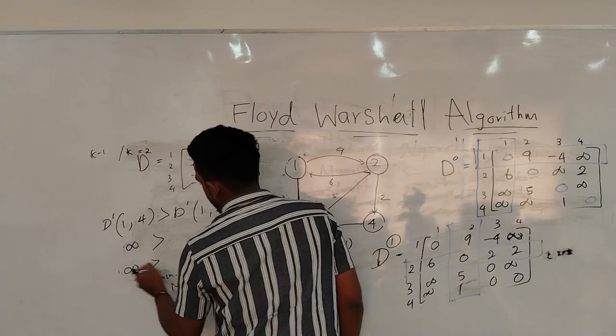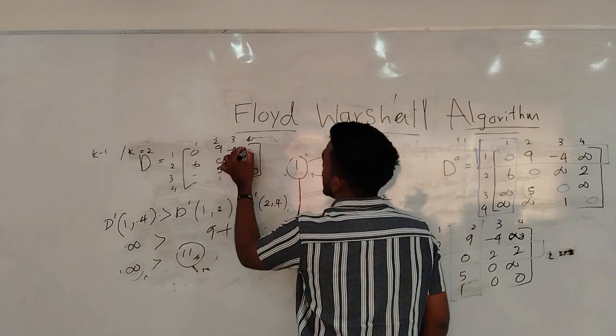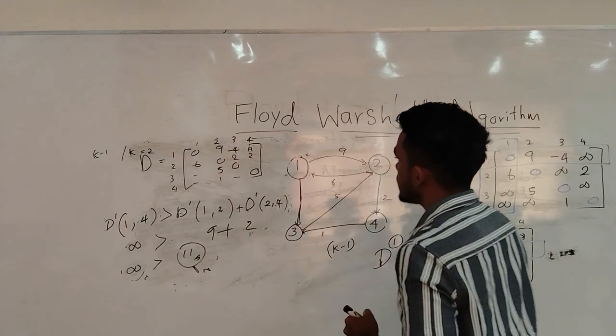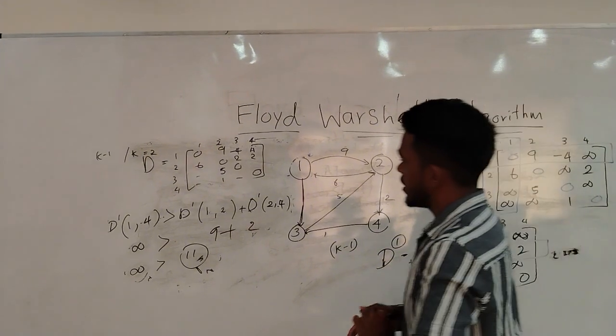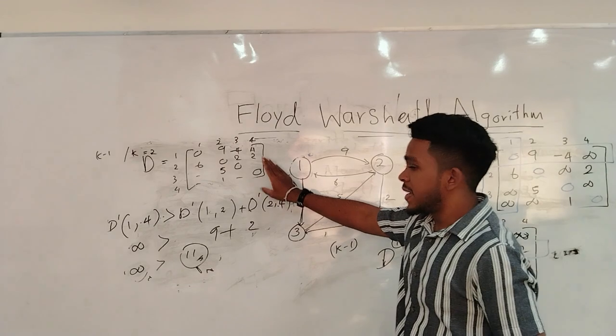So infinity is greater than 11, so the minimum now is 11. As with this, you can continue this process to complete this matrix.